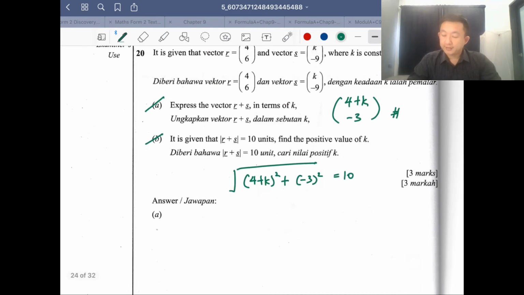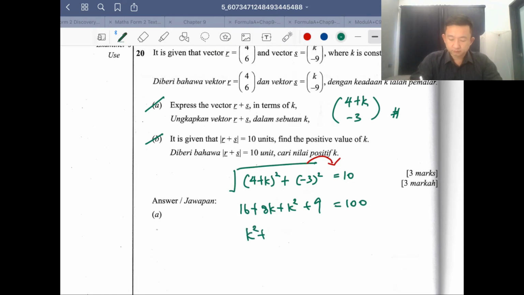Then you have to find the value of k, the positive one. 16 plus 9 minus 100.